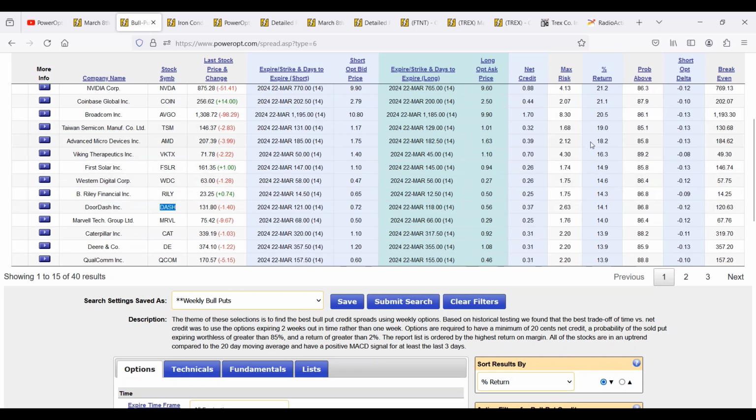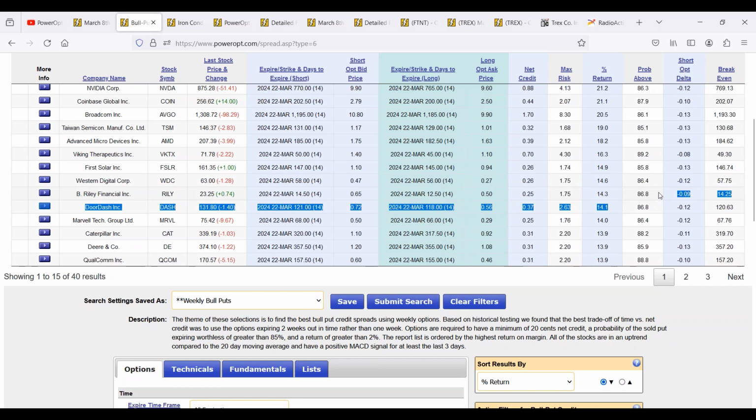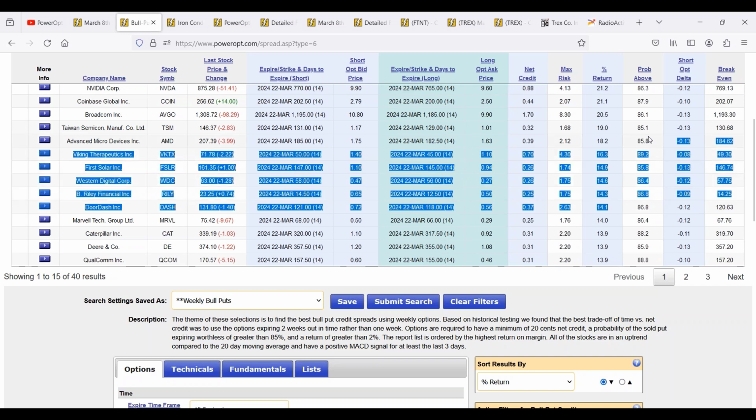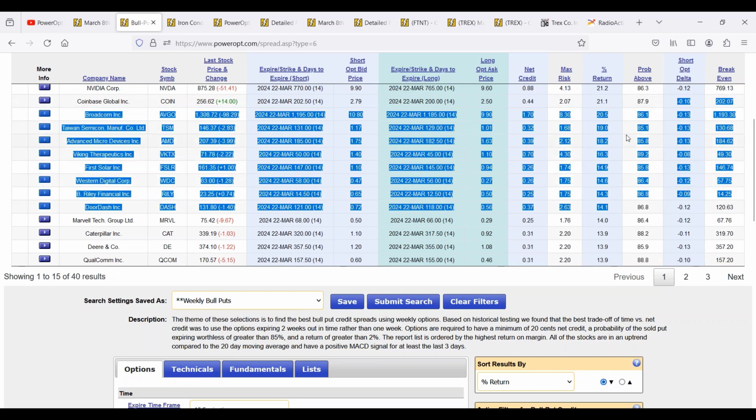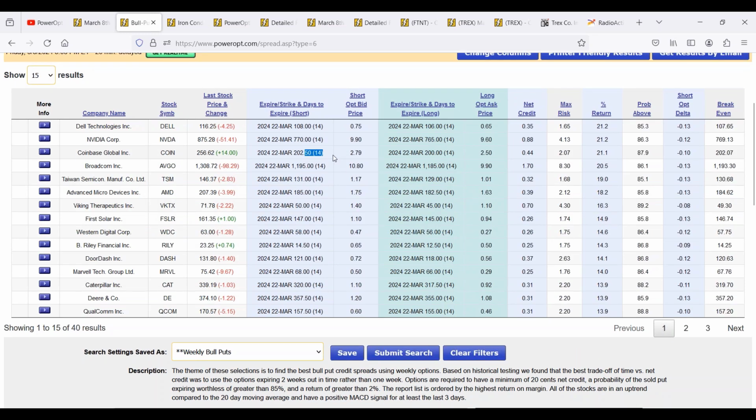What am I looking at? 19, 18, 16, 15, 14, 13, 14% returns with 86, 88, 87, 89% probability above for 2-week out trades. I run this search typically on Monday. That's for me for the bull put credit spreads.